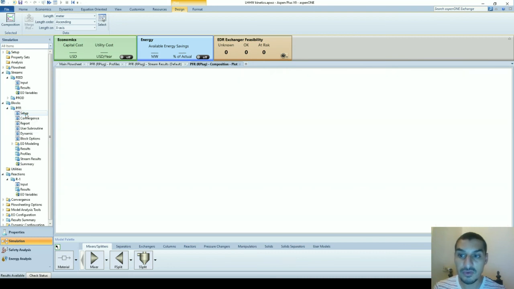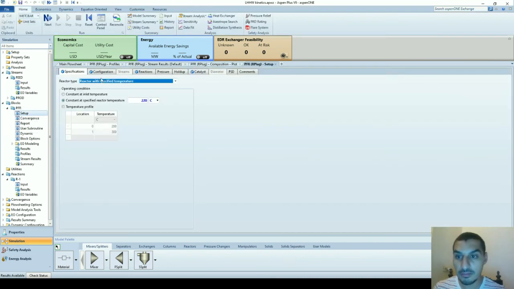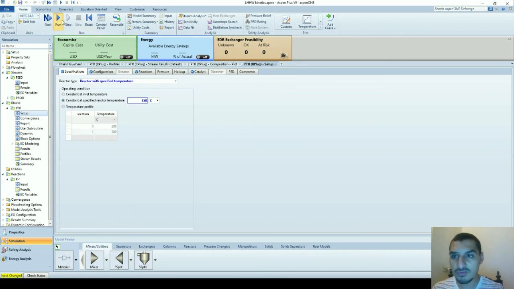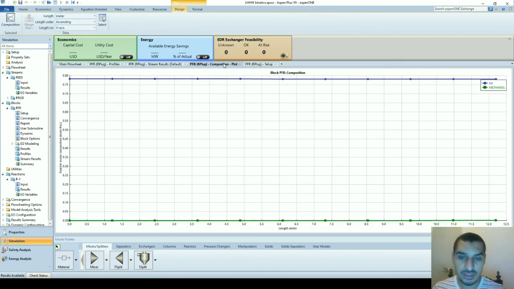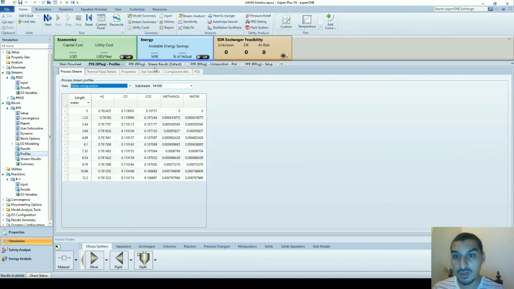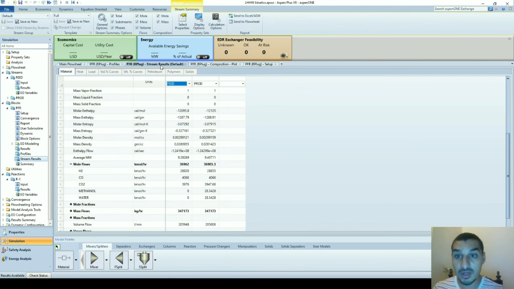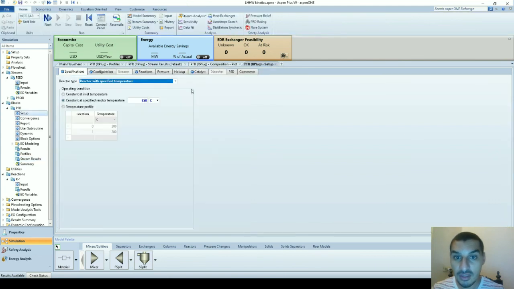For instance, for the PFR, I can change the reactor temperature to make it, for instance, 150, and see for the feed temperature, and see how the composition changes, and the rate is very slow here. So it's nice to see how the parameters are affecting the reaction.